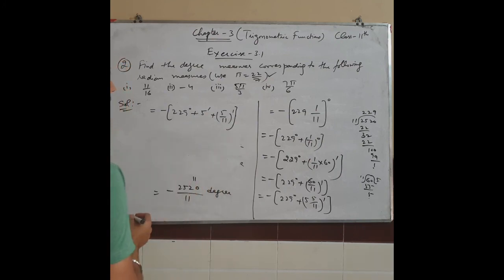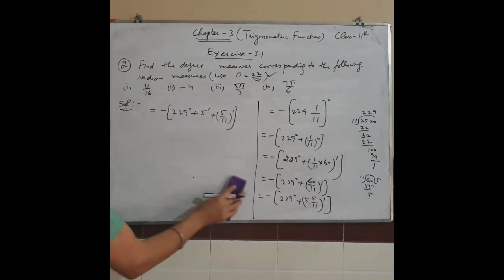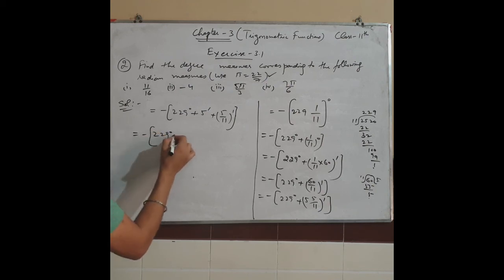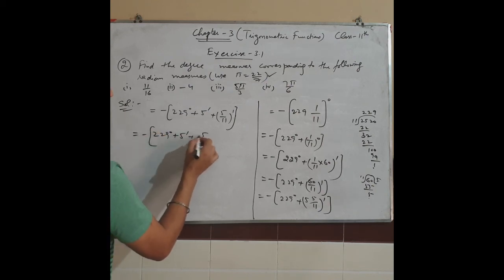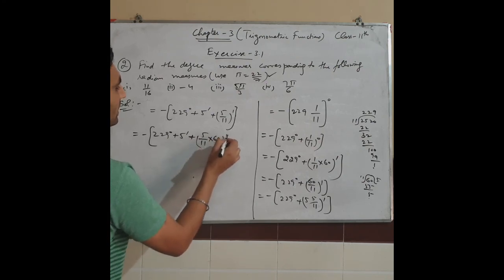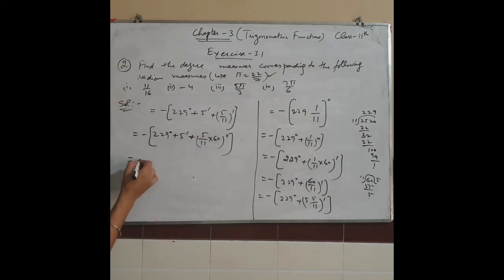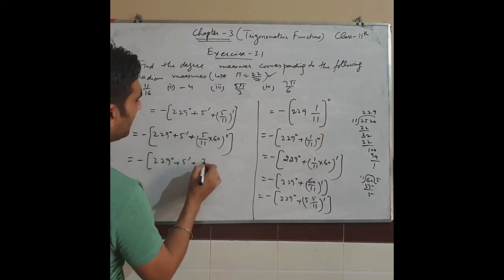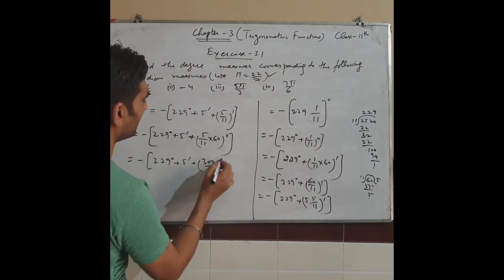Now we will go further for conversion into seconds. Minus 229 degrees plus 5 minutes plus 5 over 11 into 60. Now convert it into seconds: minus 229 degrees plus 5 minutes plus 300 over 11 seconds.